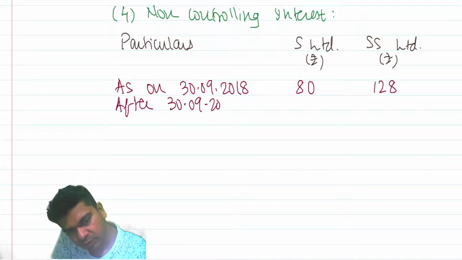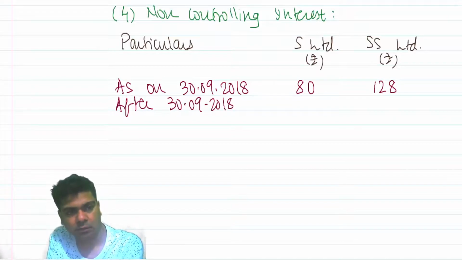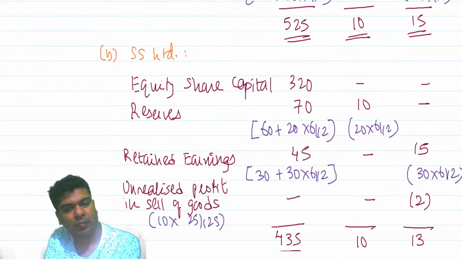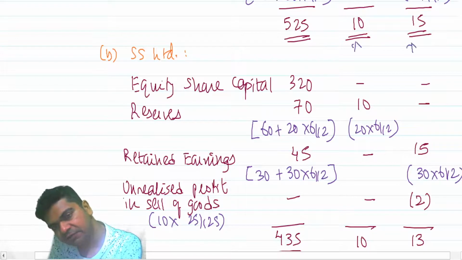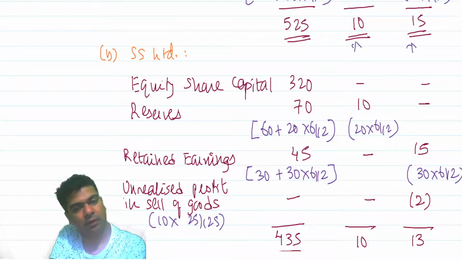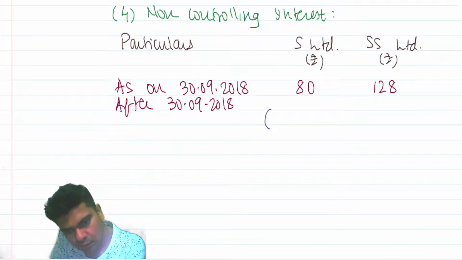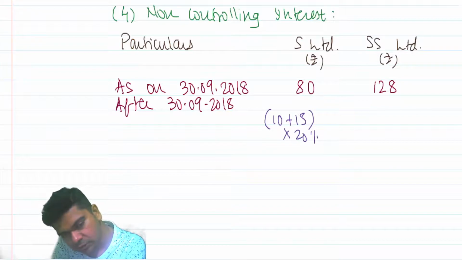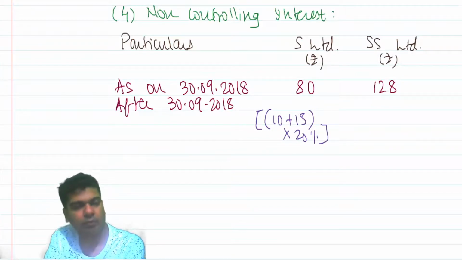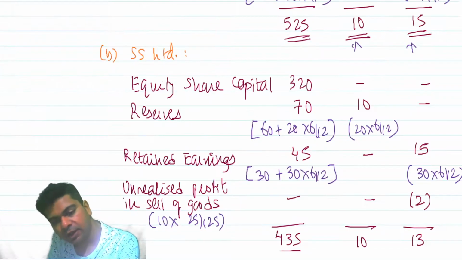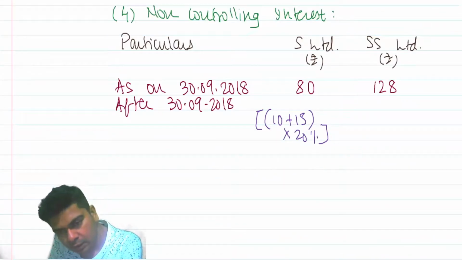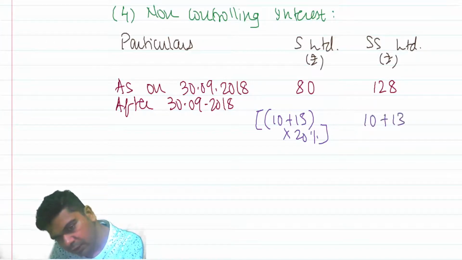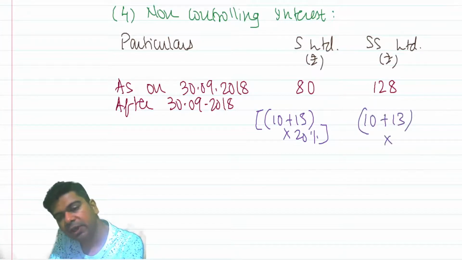After 30th September 2018, I'll require the change, 10 and 15 over here, into 20%. And for the other company, it is 10 and 13. Here it will be into 40%.